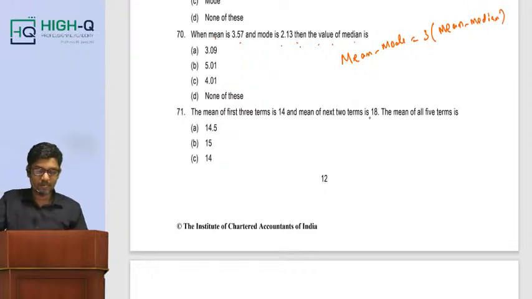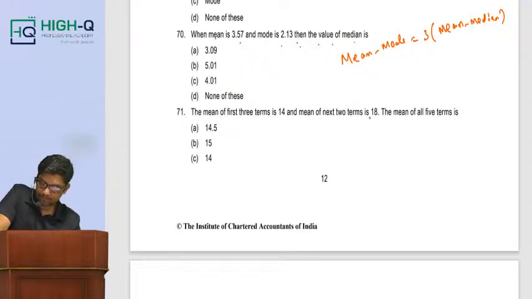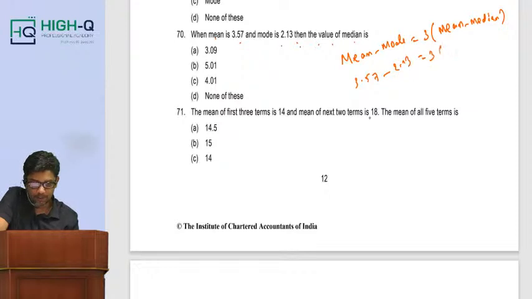Is the formula right? Can anyone say yes or no? Yes, my dear? Yeah. Now can you please substitute? 3.57 minus mode 2.13, 3 into 3.57 minus median.